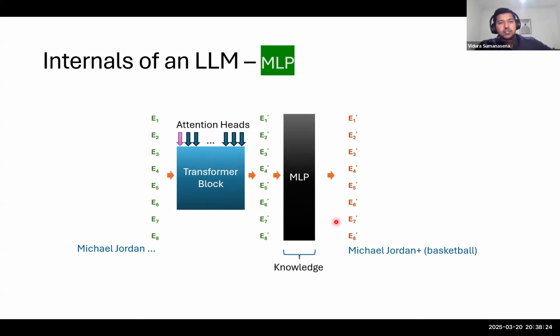And so where does the next word prediction come in? For example, let's say we give a sentence that has the name Michael Jordan, who's a famous basketball player. The knowledge that Michael Jordan plays basketball is stored in this neural network. The neural network has the most parameters in these large language models.